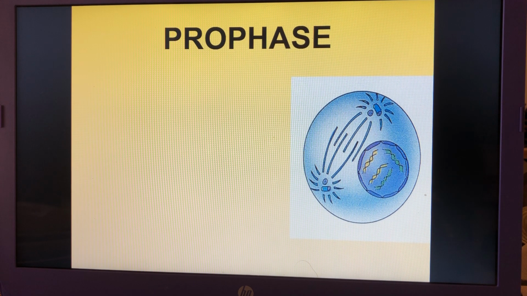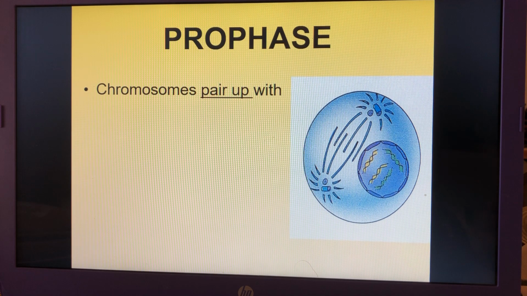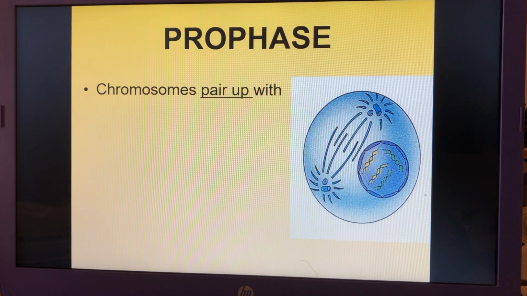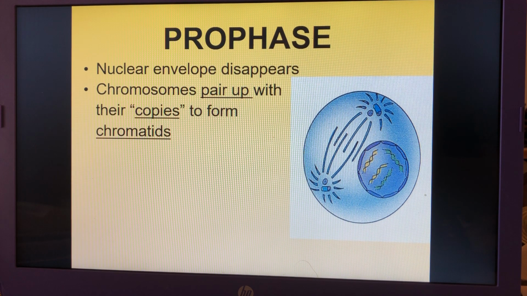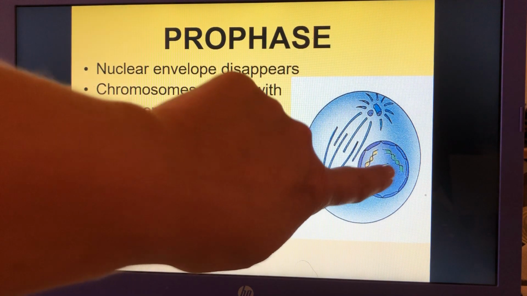The first phase, prophase: chromosomes during this phase, they pair up. And the chromatin, we talked about the chromatin, how it's just sort of in the nucleus, but not paired up in any certain way. But in prophase, it starts to pair up and it creates the chromosomes and the chromatids in the nucleus.